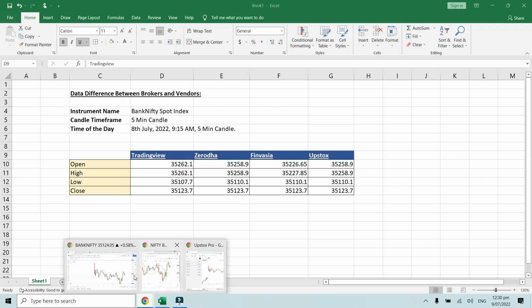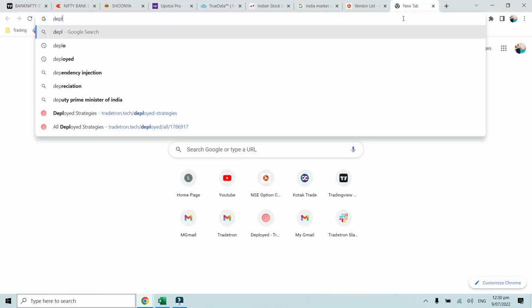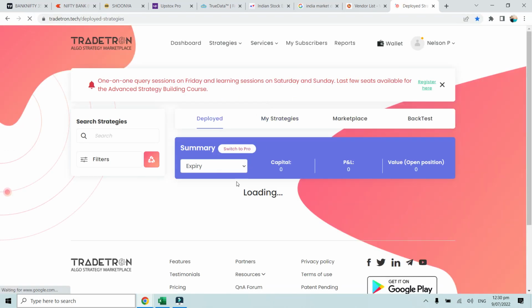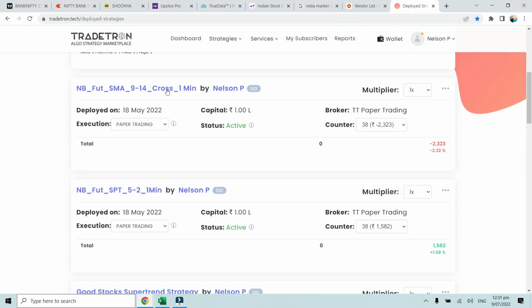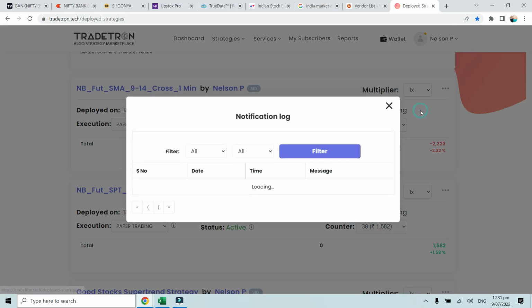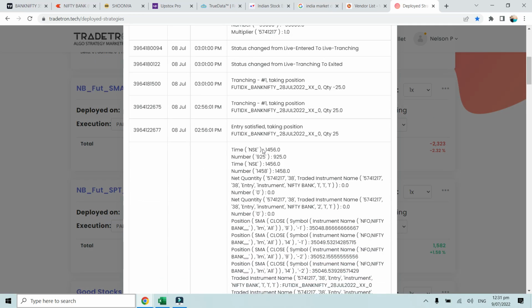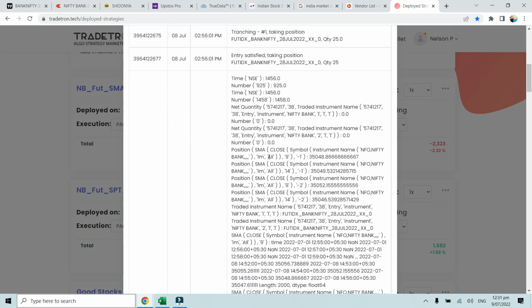So in Tradetron, if a trade happens, you can always check that through your notification logs. For example, if a trade is generated for this strategy, which is my own strategy, and I want to check why the trade has happened, I can check the notification log of this particular strategy and see which entry condition was satisfied.